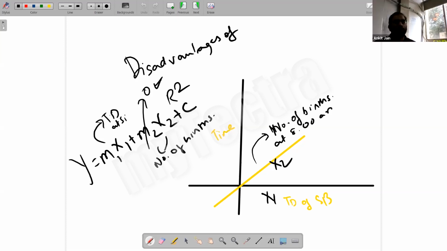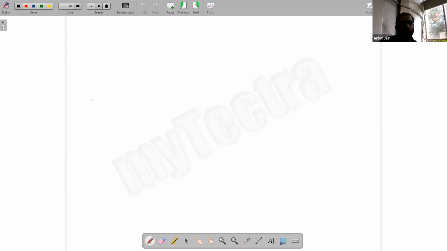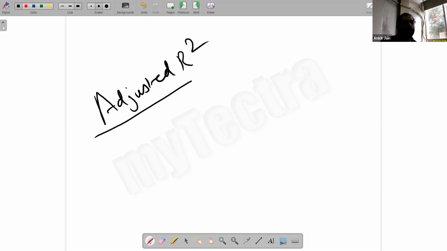So the second assignment for you all is, I want you to write and understand the formula of adjusted R square. If you see the formula of adjusted R square, it will take into account N. What is N? Number of parameters. So what it does is, it will compensate the increase.